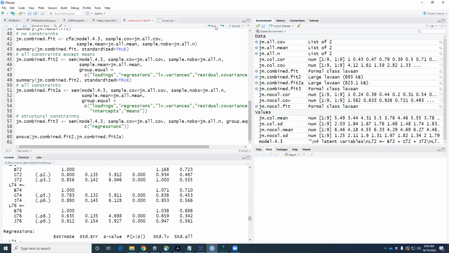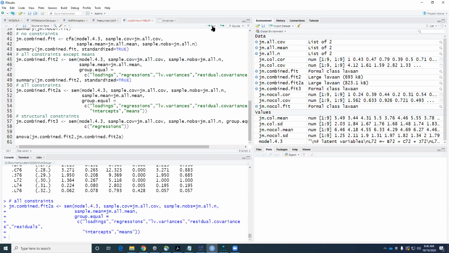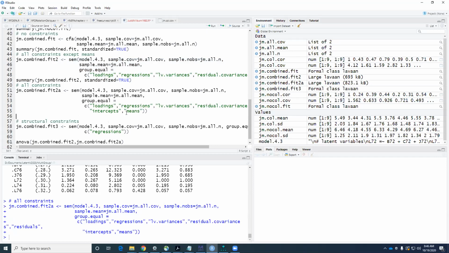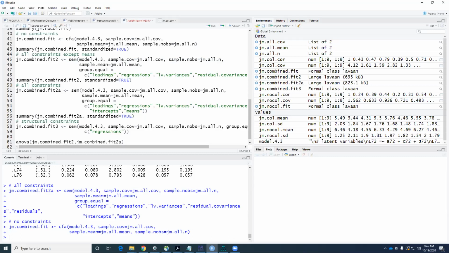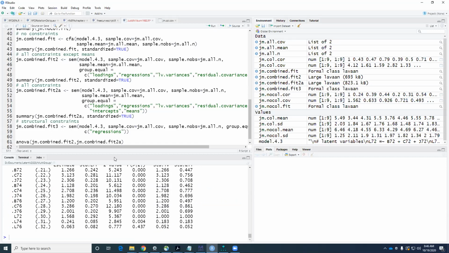So let's come downstairs and run that for the moment and take a look at what we get out. Oh, wait a minute. Ran the wrong one. There we go.